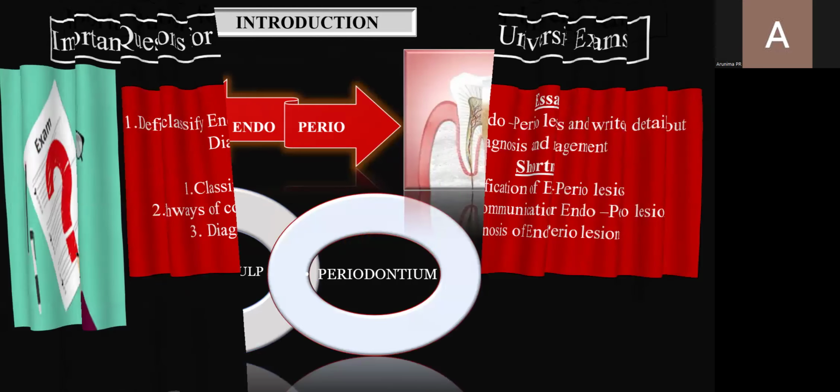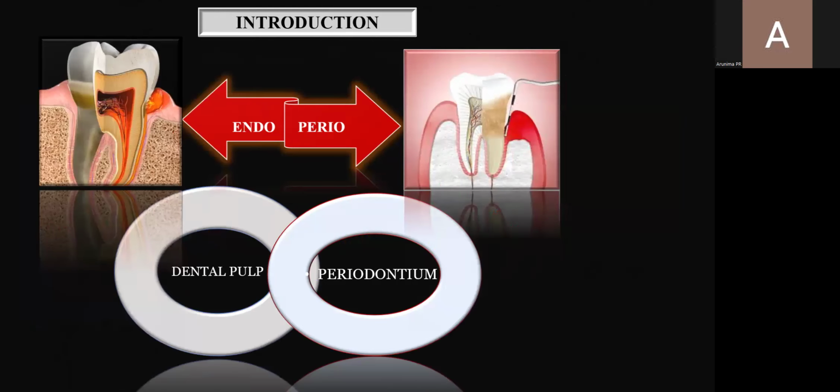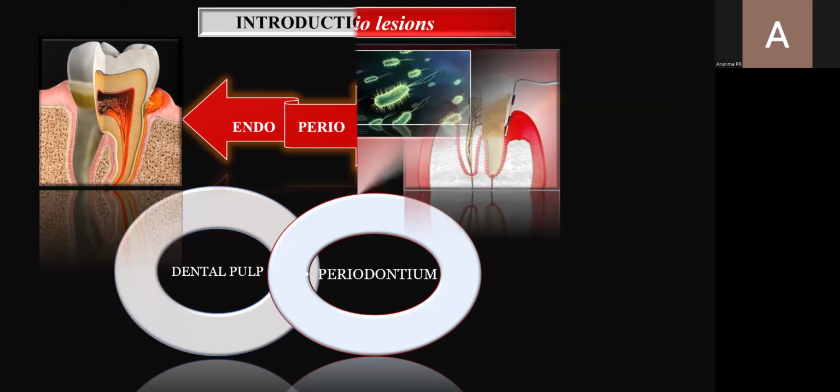Coming to the topic, the endo-perio lesion is a common clinical scenario which you encounter in your clinical practice. As you are all familiar, both the dental pulp and periodontium, though biologically different tissues, share common risk factors when a disease process occurs in both of these tissues.